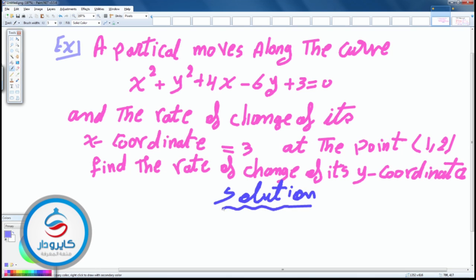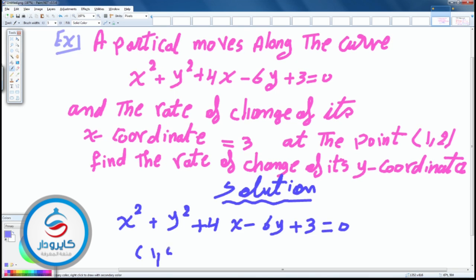This is the solution. First, we have the equation of the curve x squared plus y squared plus 4x minus 6y plus 3 equals 0, and we have the point (1, 2).